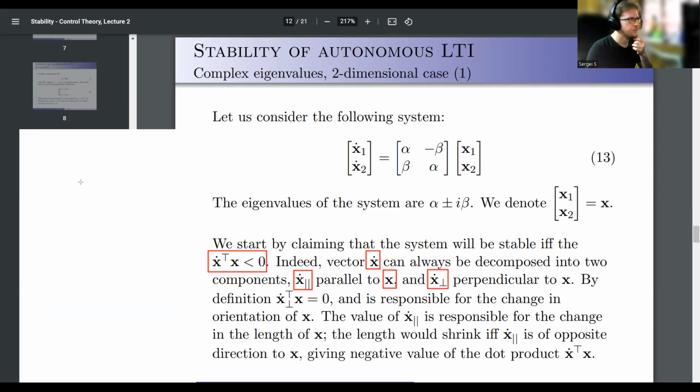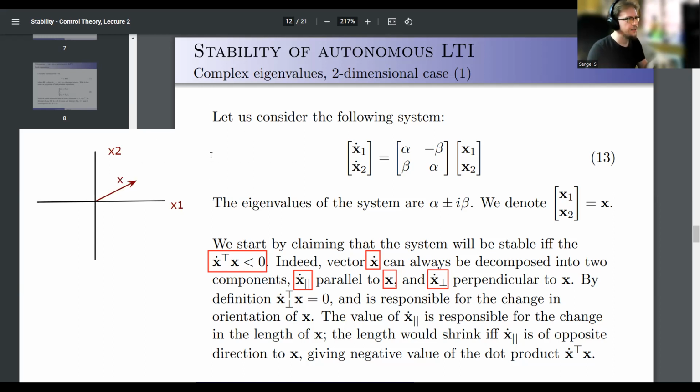Okay. So it is a two-dimensional case. So we have here x1, x2. Okay. So let's say we have our x pointing here. This is vector x.